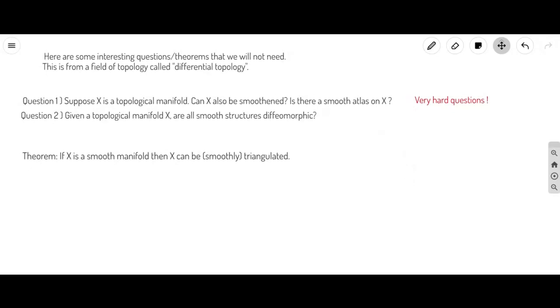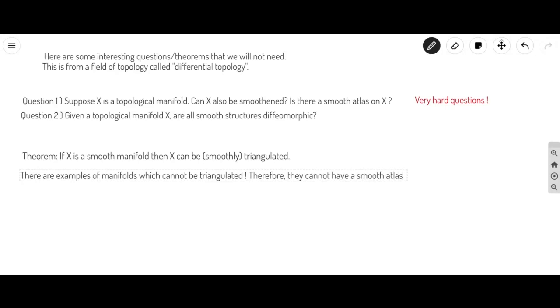So we know what that means. Smooth manifolds have a triangulation. And there are examples of topological manifolds which cannot be triangulated. Therefore, they cannot have a smooth atlas. Maybe for those of you who might be interested, all of you know who Moncrief is.